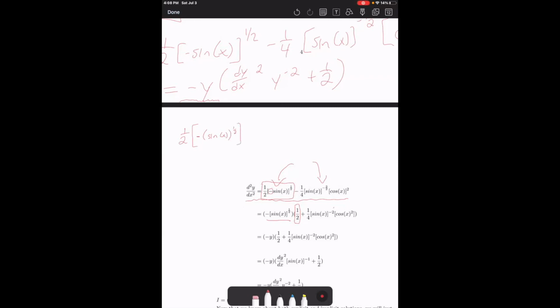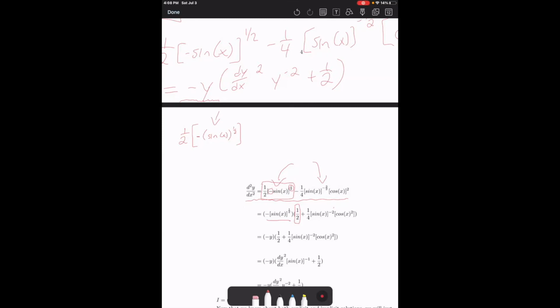We might as well address this. If it was as written, this 1/2 power would apply to the negative that is inside the brackets, whereas with it properly written, the 1/2 does not affect the negative. So this is very important to realize.